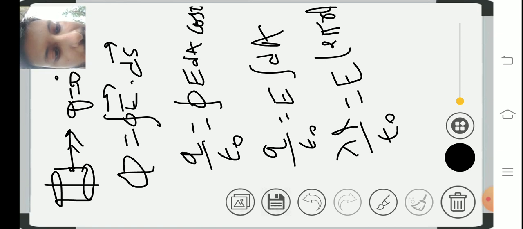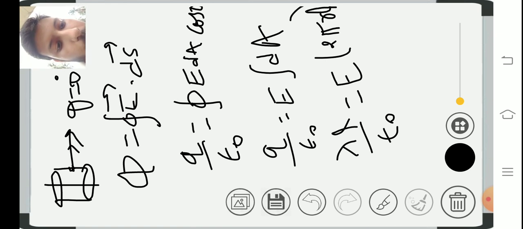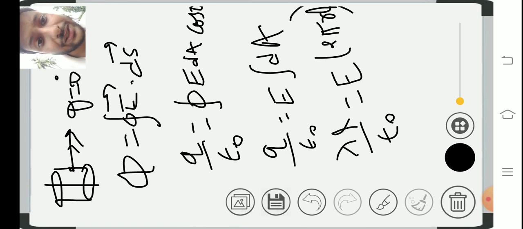So what is R and L? R is the radius of the Gaussian cylinder, what we have drawn in green color, and the L is the length of the Gaussian cylinder, the imaginary cylinder.